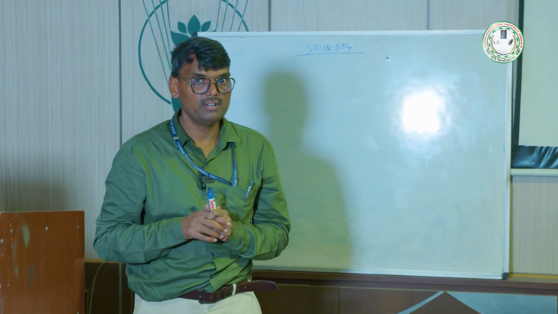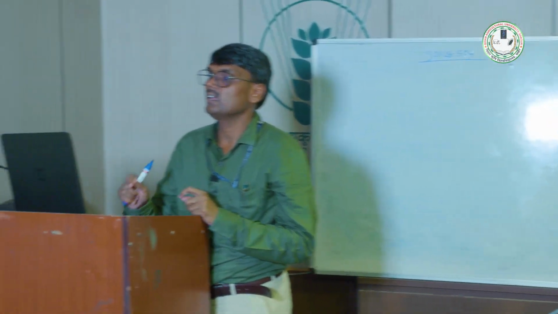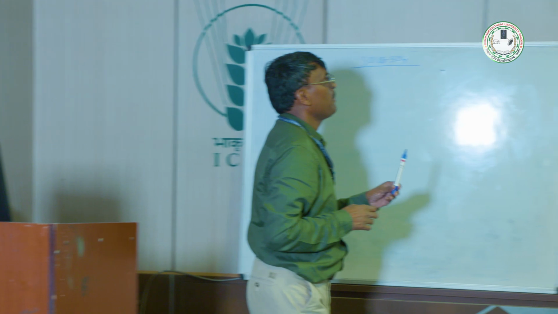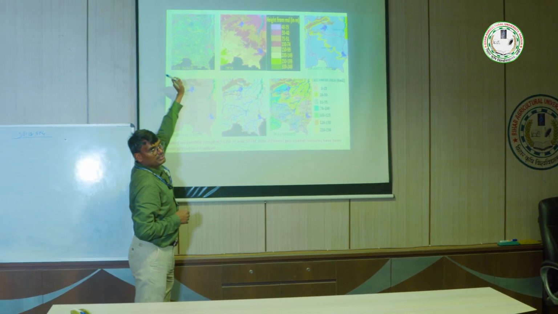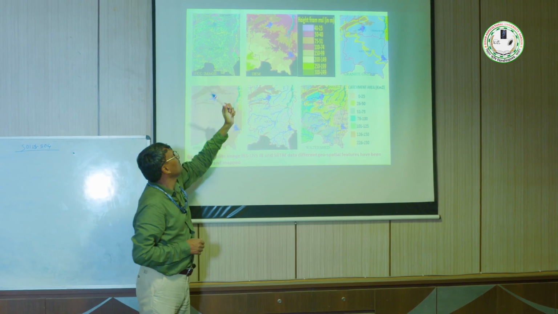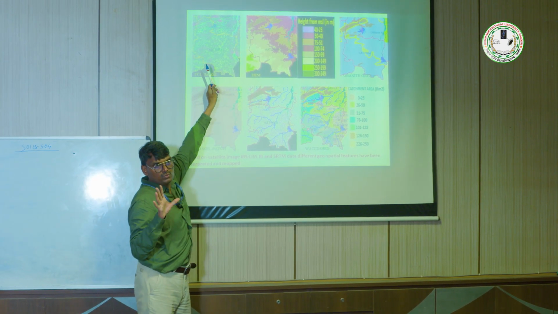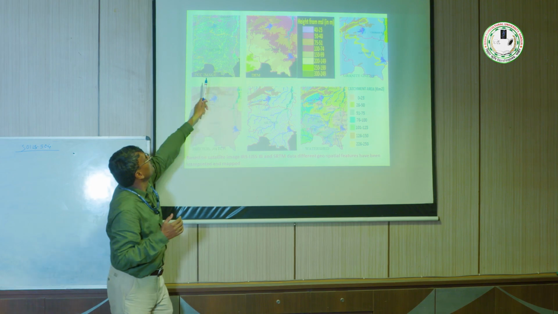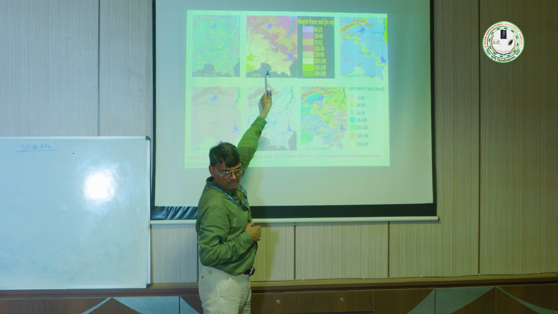These are the glimpses of work, whatever we have done during lab exercises. This image represents Katoria block, where cyan color or light blue represents fallow land. This image represents the digital elevation model.